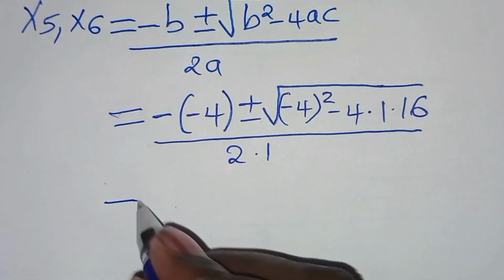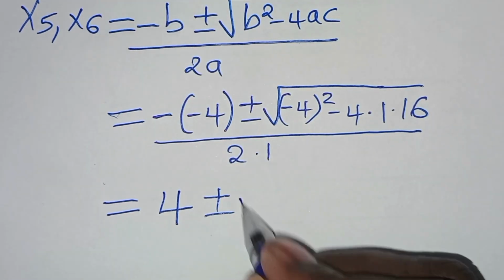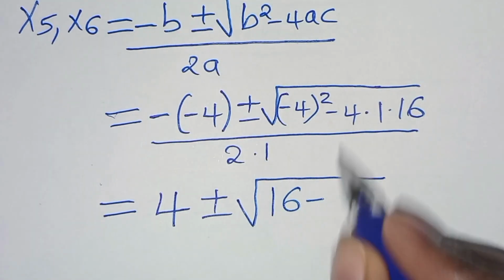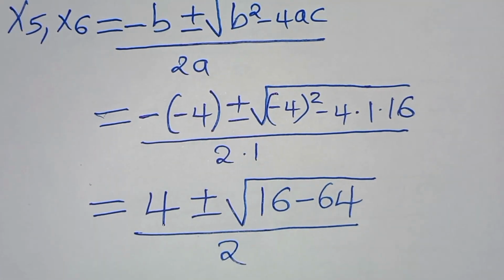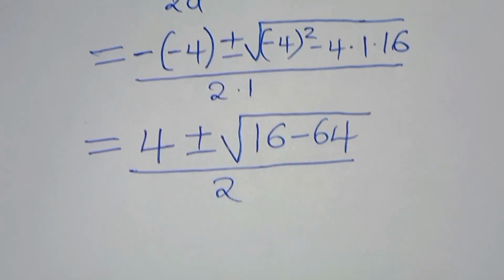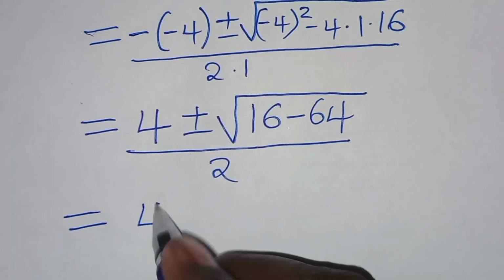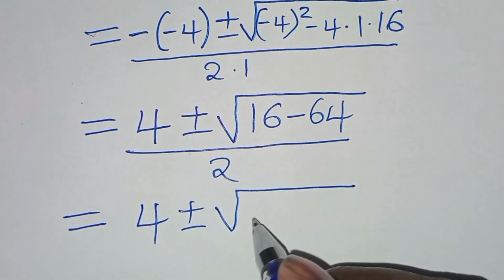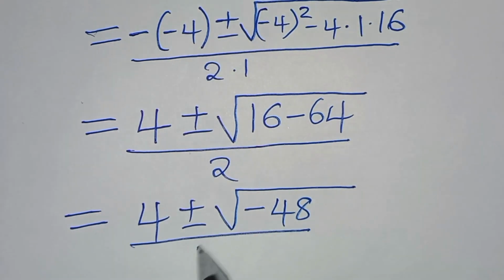So this implies that we have 4 plus or minus the square root of 16 subtract 16 times 4, which is 64, divided by 2. So this implies that we have 4 plus or minus the square root of 16 minus 64. This is minus 48. All this divided by 2.